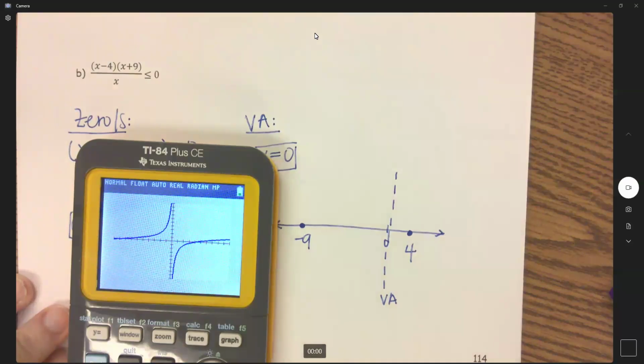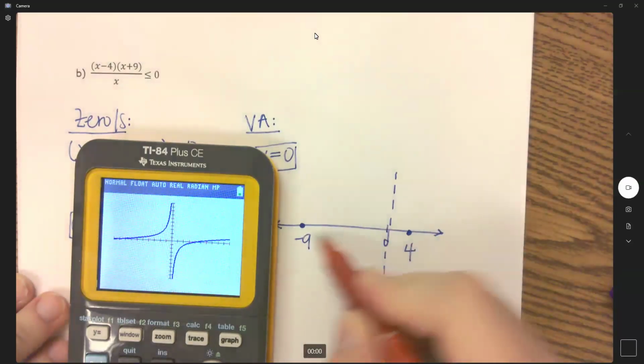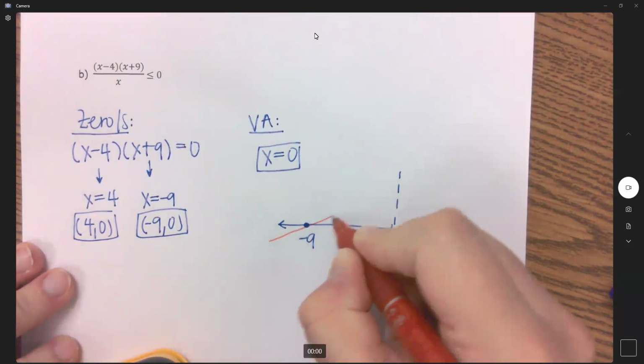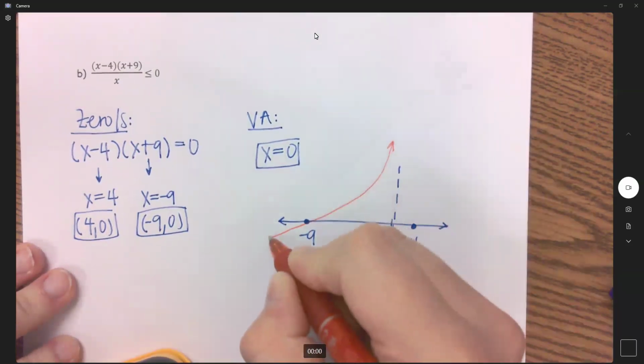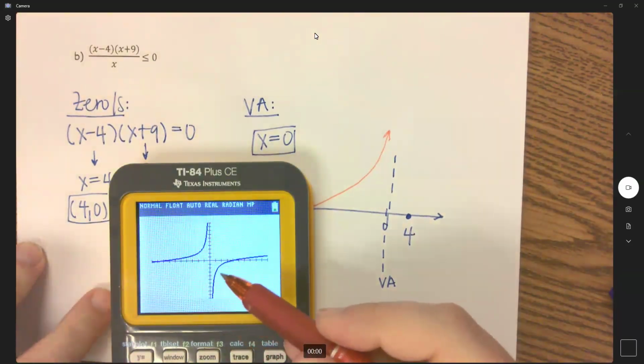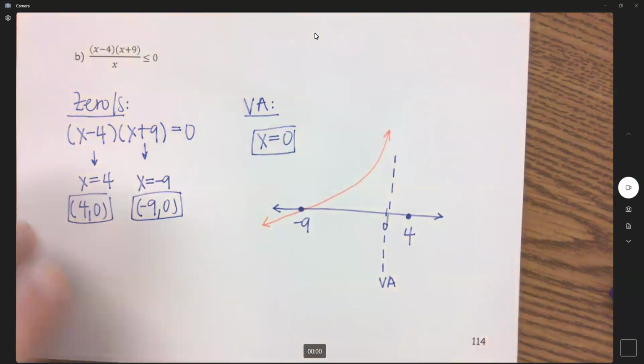Okay, so that tells me it crossed right here at -9 and it's going to go up. So it started below, crossed at -9, and went up. And then it starts down here below, crosses at 4, and goes up.